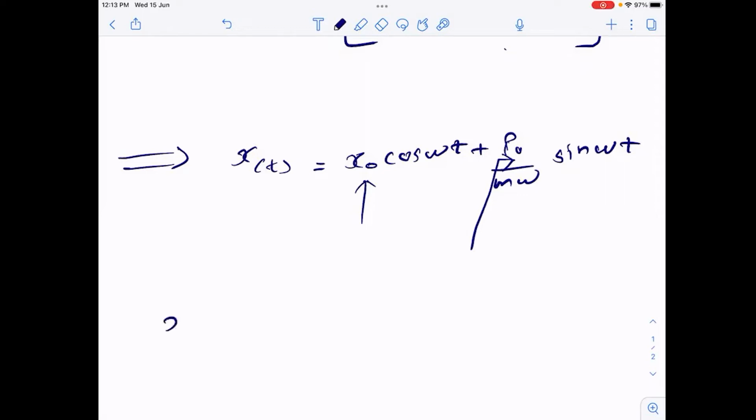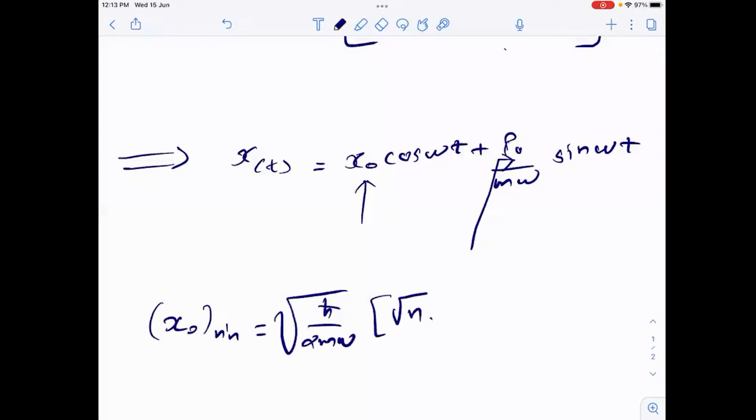Remember this x0 n dash n: under root h cut upon 2m omega, under root n del n dash n minus 1 plus under root n plus 1 del n dash n plus 1.